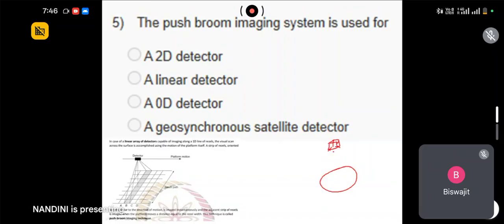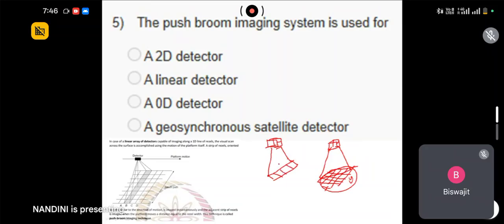It can measure in a 2D structure, getting a 2D image, an XY kind of area. Otherwise it can have a linear detector, measuring along a single line only.